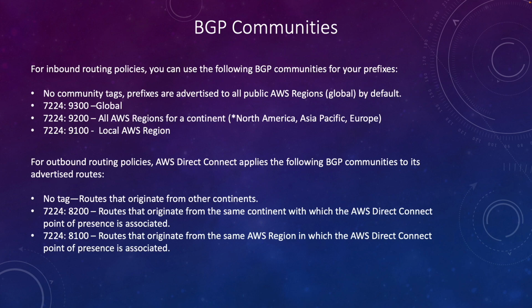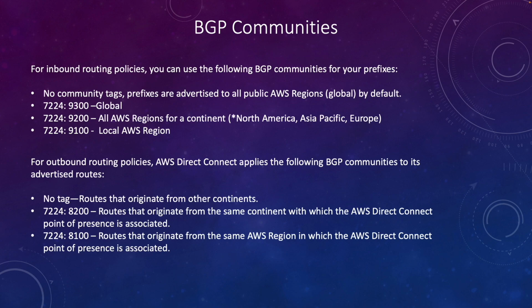You can say that the IP addresses which I am advertising can go only to the continent where my DX connection is located. So suppose your DX connection is located in the US, you can say that the IP addresses which I'm announcing can go only to the regions which are part of my North America continent.